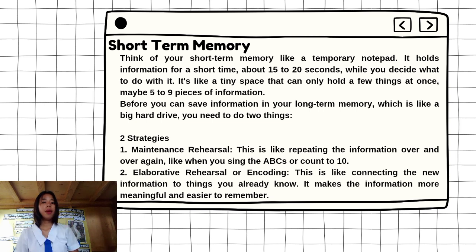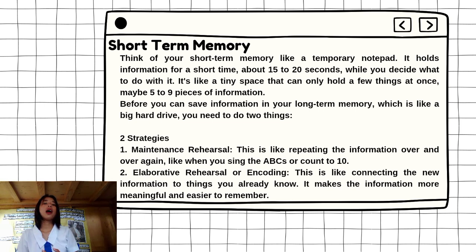First is maintenance or rehearsal. This is like repeating the information over and over again, like when you sing the ABC song or count 1 to 10. I-repeat nimo yun, need nimo og rehearsal. The second strategy is elaborative rehearsal or encoding.